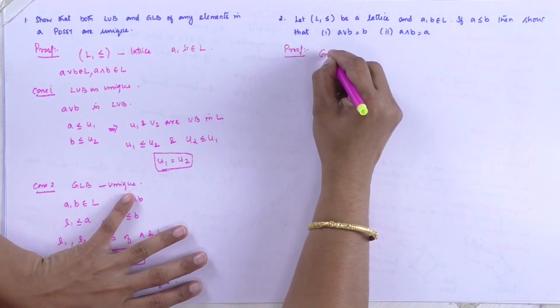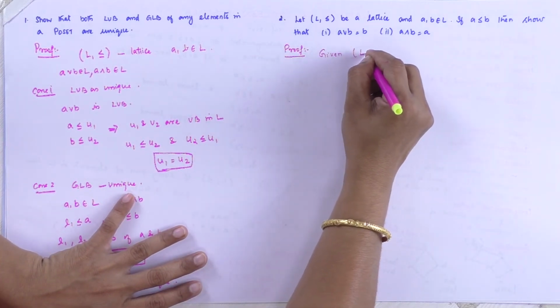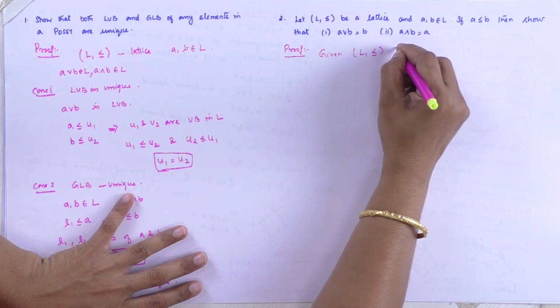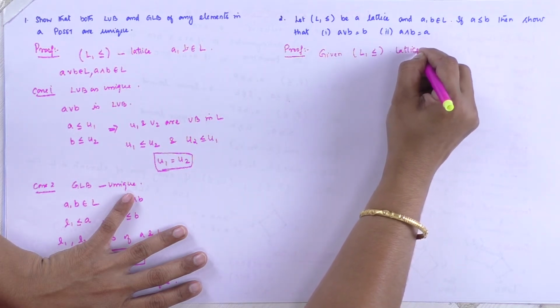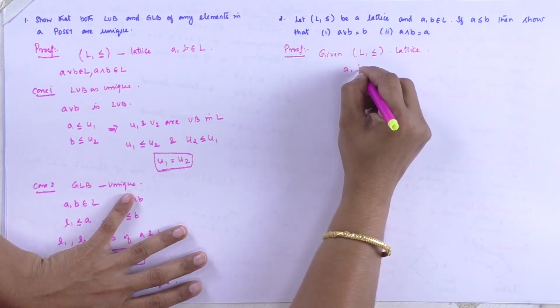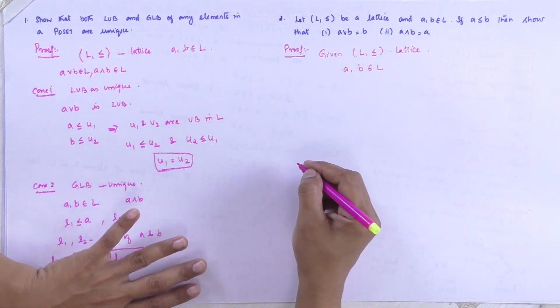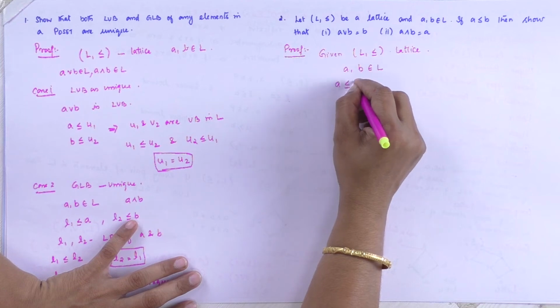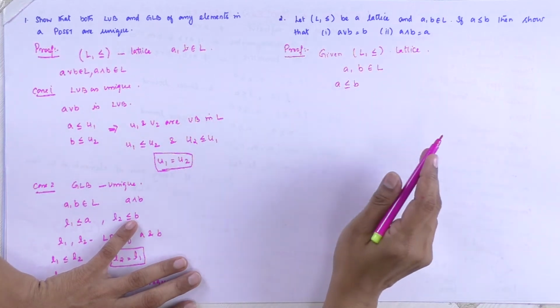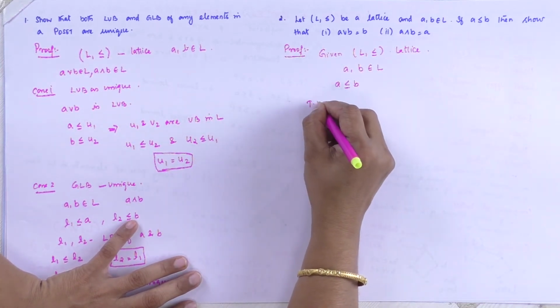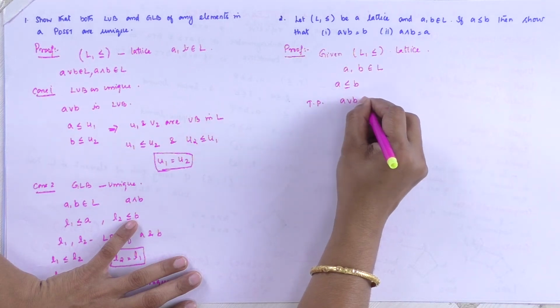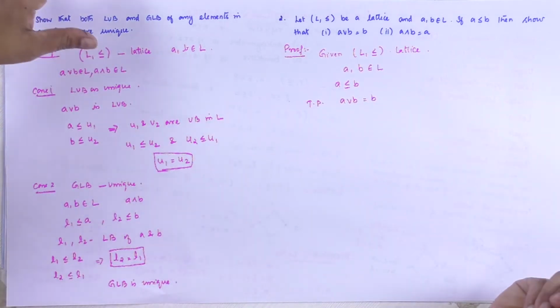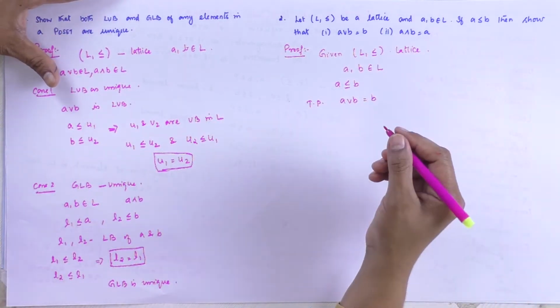Given is that (L, less than or equal to) is a lattice, and A and B are two elements in L, and also A is less than or equal to B. With this we are supposed to prove A or B equals B. How do we prove this?